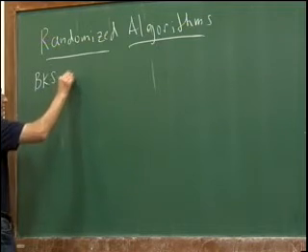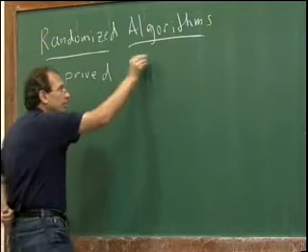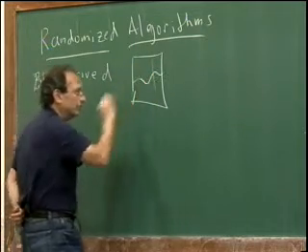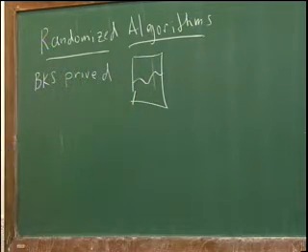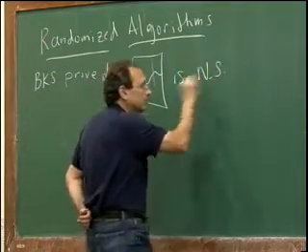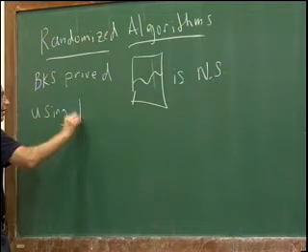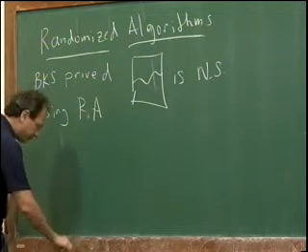They in fact proved that our basic event, our most important event of percolation crossings, is noise sensitive, actually using randomized algorithms.